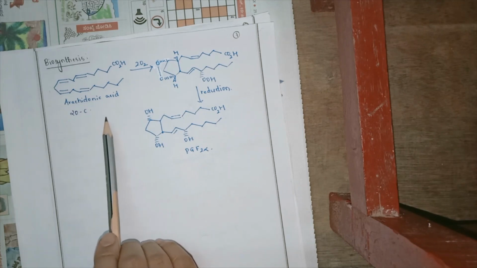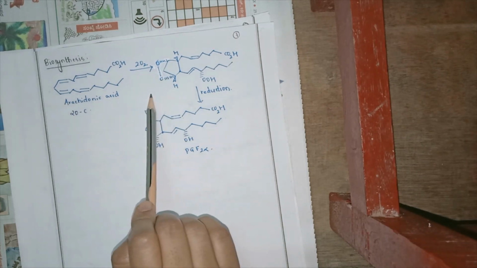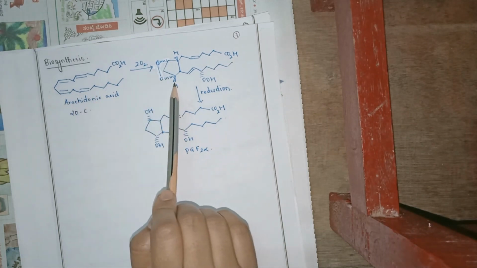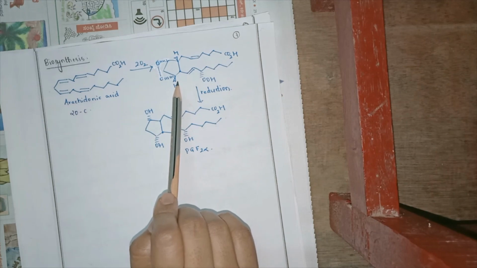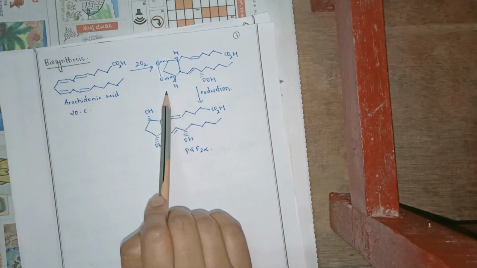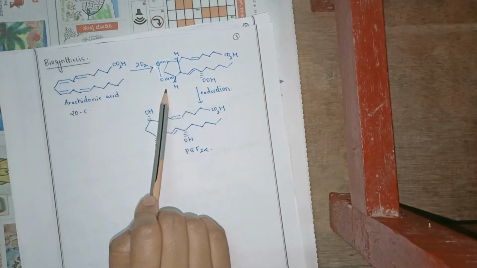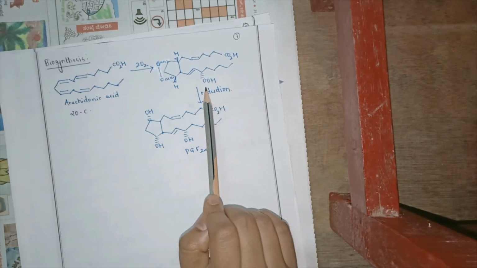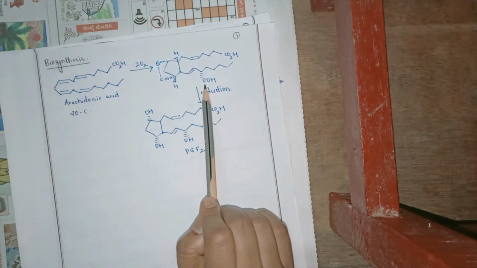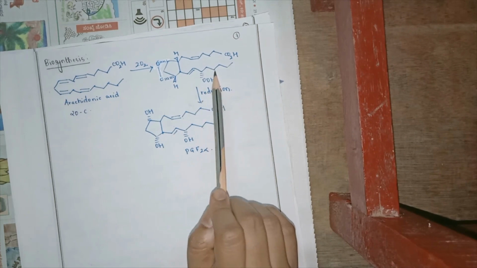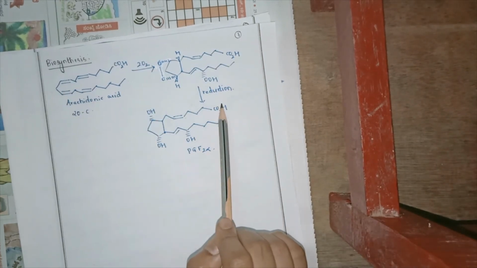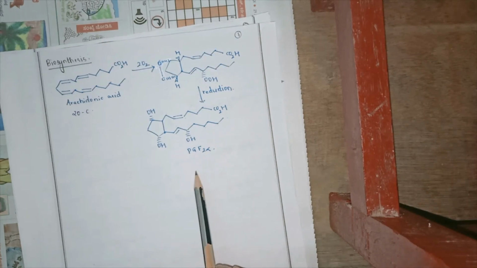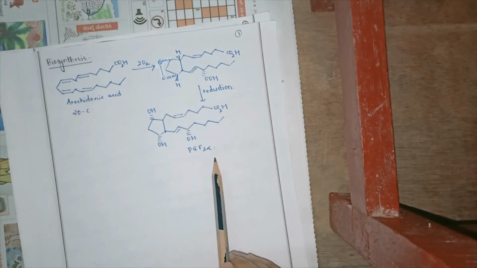This arachidonic acid upon oxidation cyclizes to give a cyclopentane system along with the addition of oxygen across the double bond, and at the 15th position there is an introduction of a hydroperoxy group. This system upon reduction will give us PGF2 alpha.